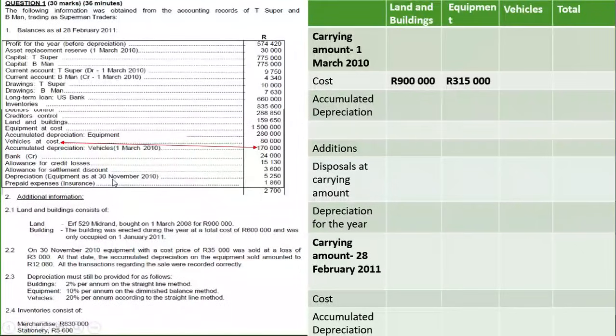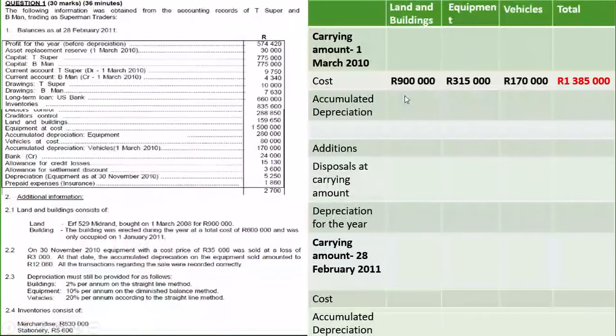That means there were no movements in vehicle, so that's the easy one. So we just put the 170,000 rand under cost at the beginning of the period. So now we've done the cost at the beginning of the period for all the non-current assets that we had. So we put it under total, gives us a total of 1,385,000 rand.